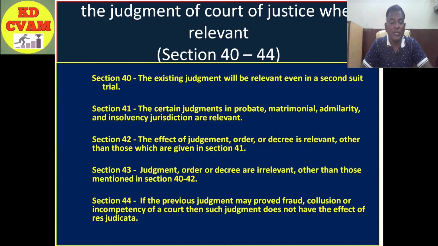Section 43 says judgments, orders or decrees are irrelevant other than those mentioned in 40 to 42. Now, section 44 explains that if the previous judgment is proved to be obtained by fraud, collusion or incompetency of a court, then such judgment does not have the effect of res judicata, right? So now let's go through one by one.